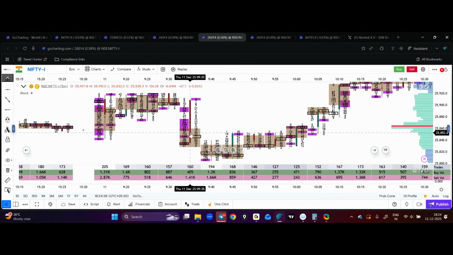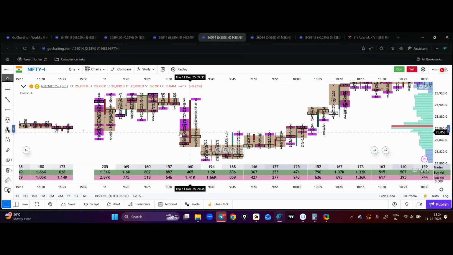Step one, for those who don't know about footprint charts, just a quick basic. Even this is not something that you can learn in one session. It is a very in-depth and advanced concept. The left side is your bid side and the right side is your ask side of your footprint charts.